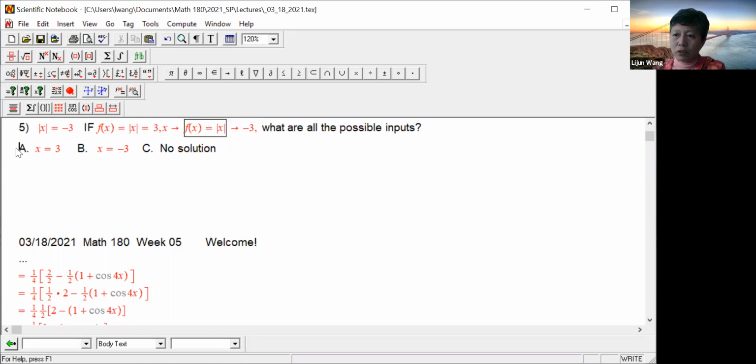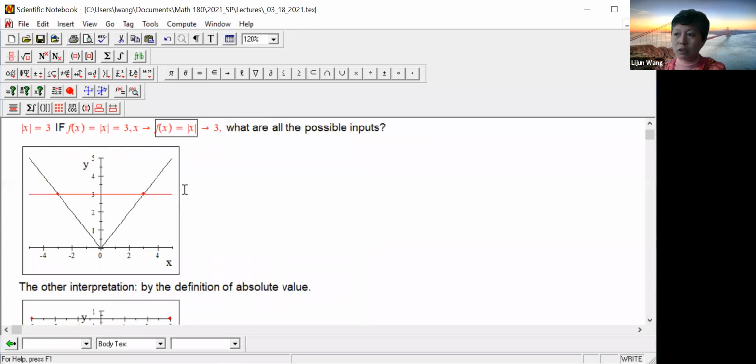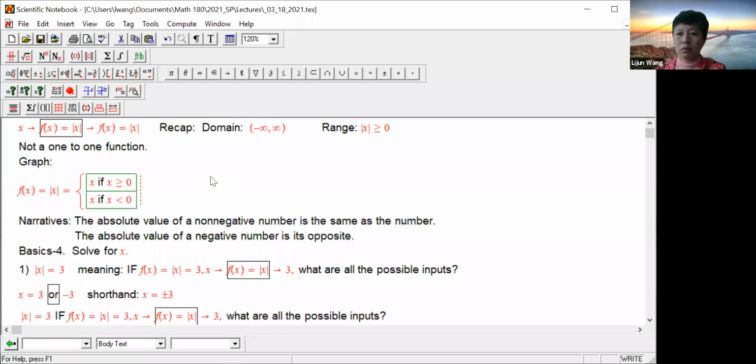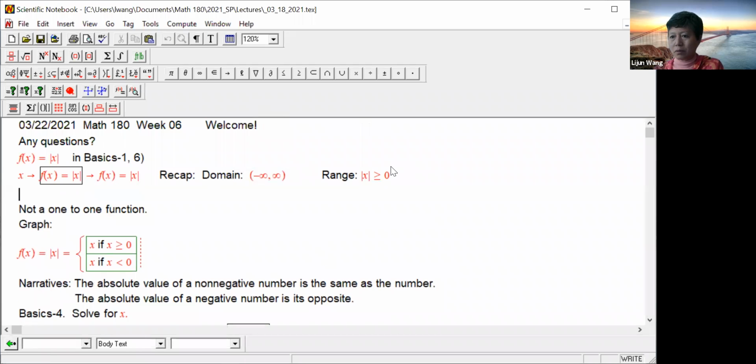If your choice is A, or your choice is B, that reflects you have no understanding of this function. You thought you understood, but you didn't. You didn't understand this rule, and you didn't understand the domain and range either. Remember that one sentence about domain and range we talked about?